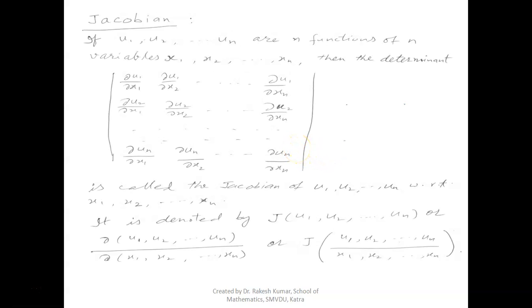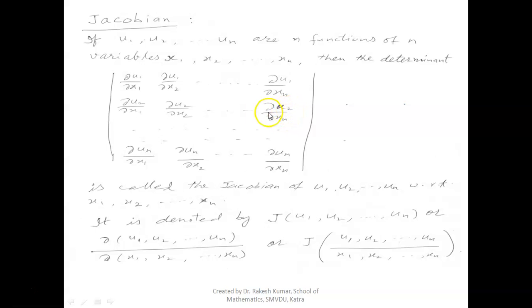If u1, u2, and so on up to un are n functions of n variables x1, x2, up to xn, then consider the determinant whose first row is del u1 by del x1, del u1 by del x2, and so on up to del u1 by del xn. Then the second row is del u2 by del x1, del u2 by del x2, and so on up to del u2 by del xn.